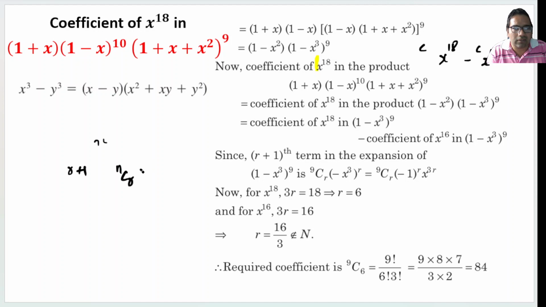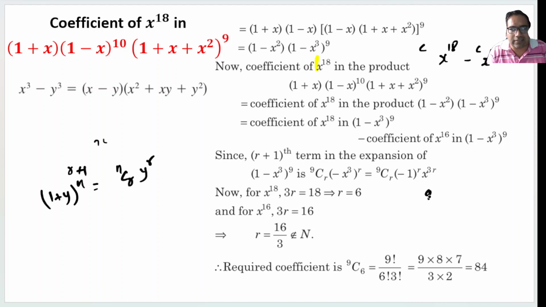If it is (1 + y)^n, the (r + 1)th term is nCr y^r. So here, x^18 means (x^3)^6, which means 9C6 will be the coefficient. 9C6 is the coefficient of x^18.